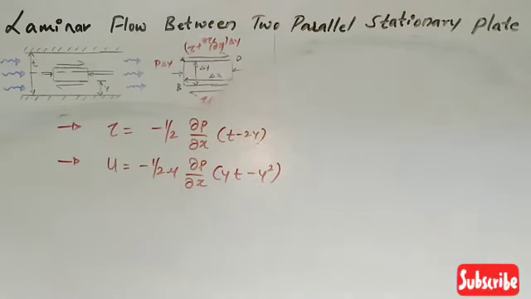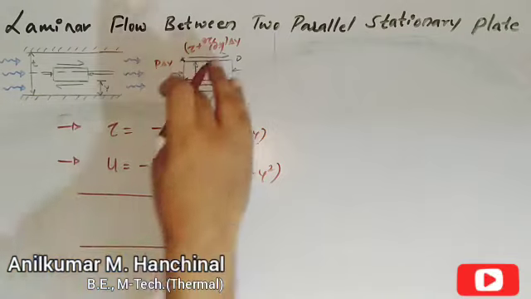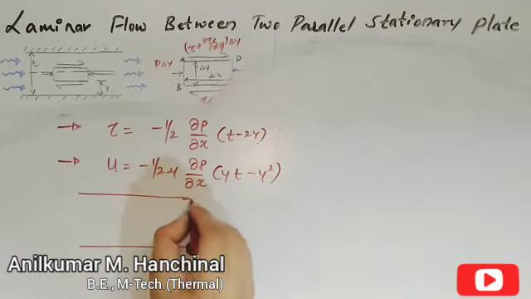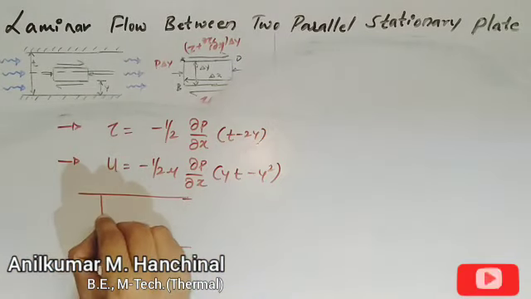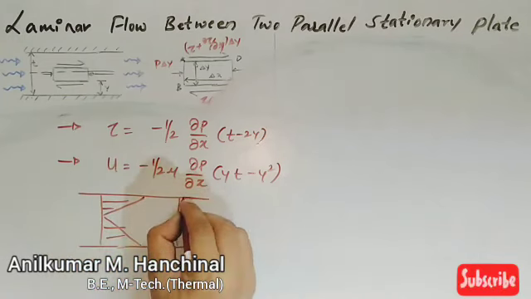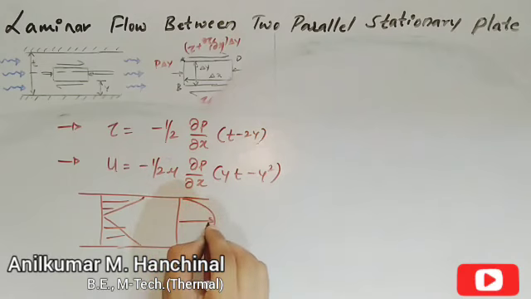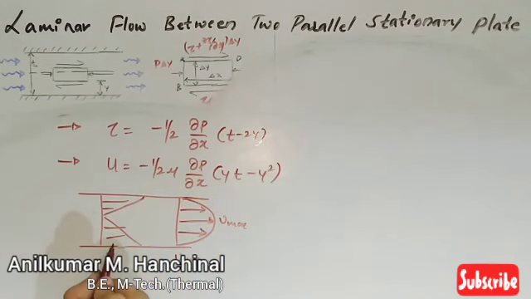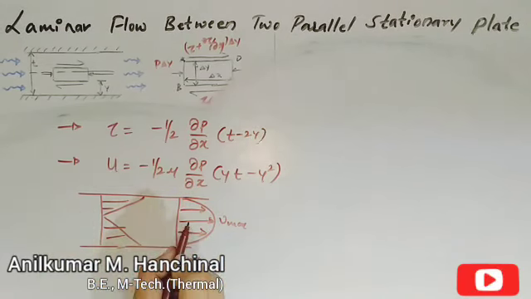Now in a graph, the velocity and shear stress are represented like this. This is the shear stress distribution and this is the velocity distribution.